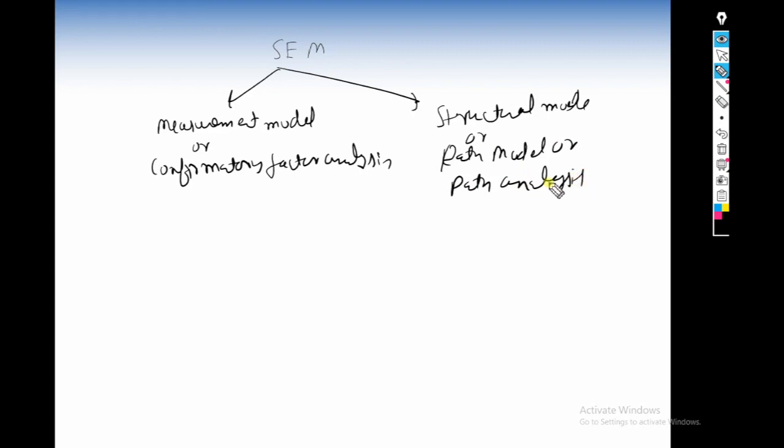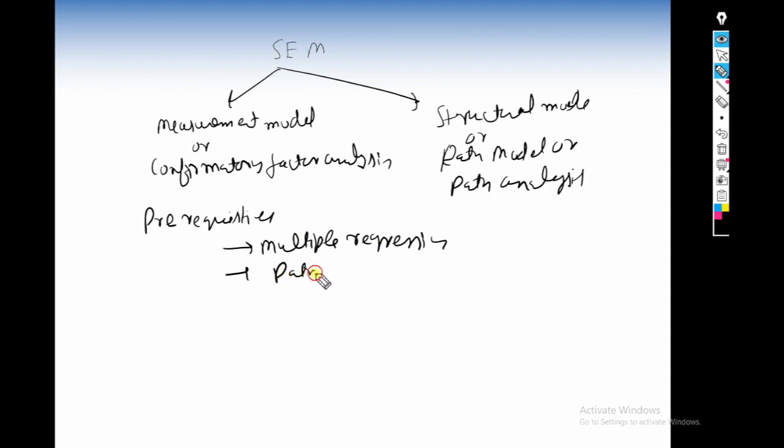For structural equation modeling, there are some prerequisites. Prerequisite means we should have an idea of multiple regression analysis, the path model, and then confirmatory factor analysis.